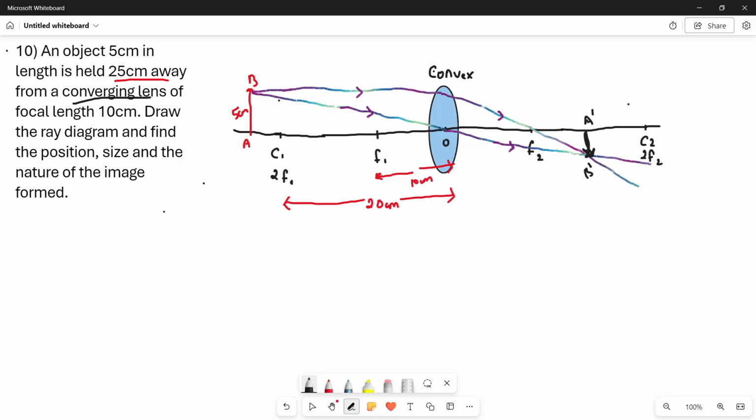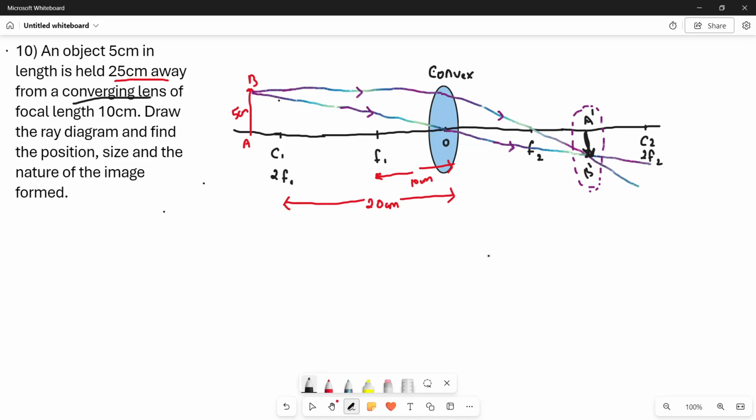So how is your image? It is inverted, right? How is the image? It is inverted, and also it is smaller in magnitude or height, and also it is real. Always the inverted images are real.